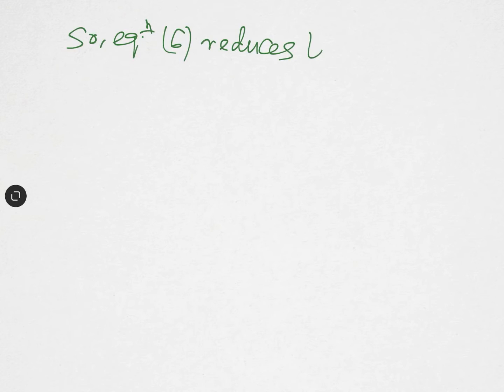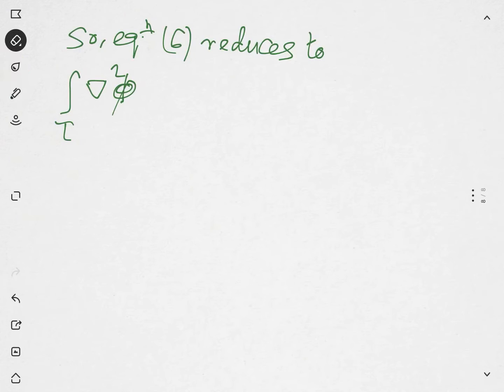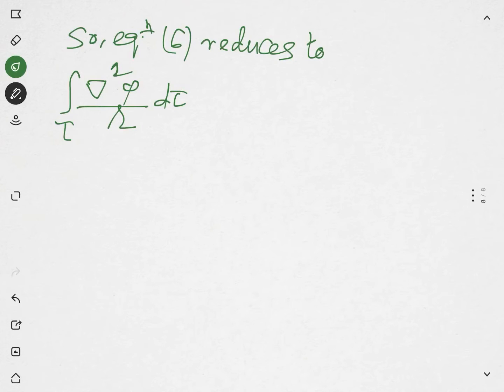reduces to, now this equation will reduce to integral over tau del square phi over r d tau.